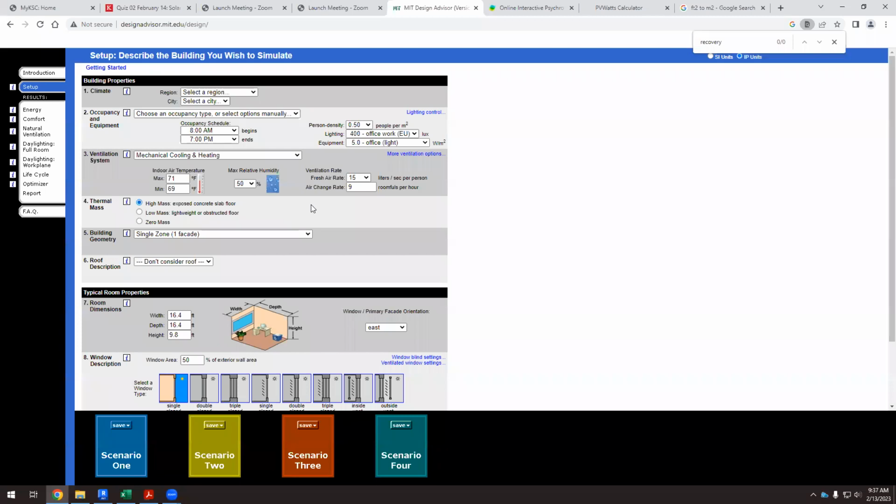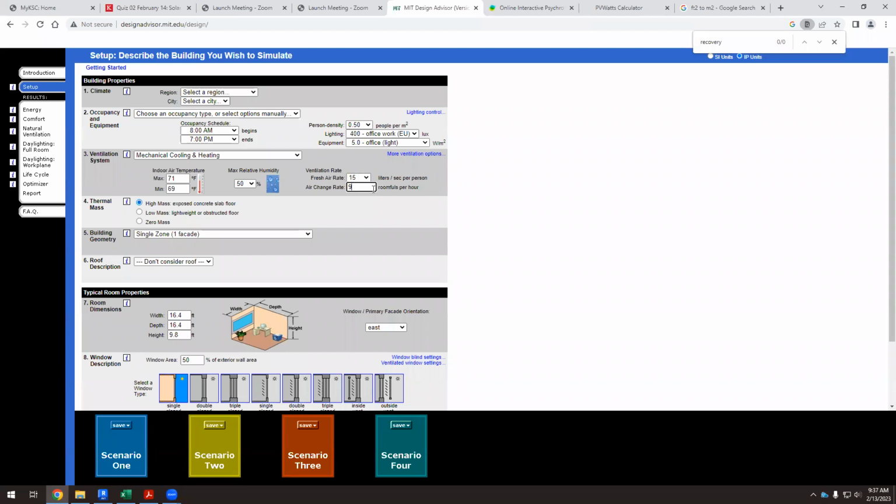And then the ventilation rate. Again, I have changed the IP units, but here we still have liters per second or air changes per hour. So here we have 15 liters per second. I know those units: 15 liters per second is around 20 CFM per person.